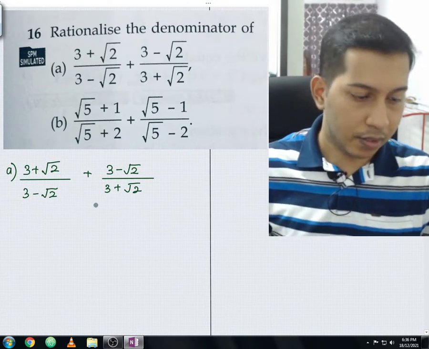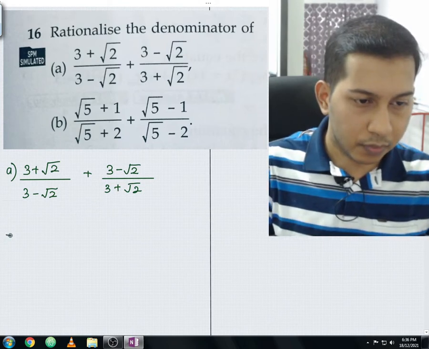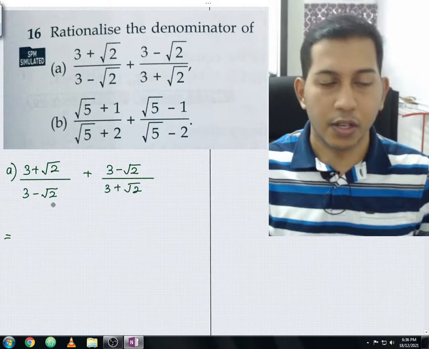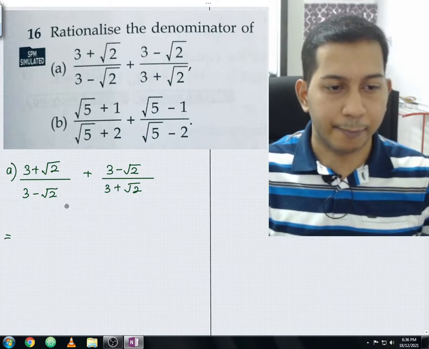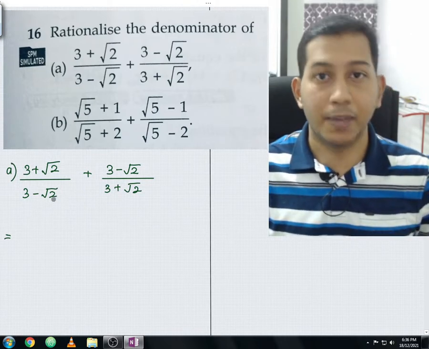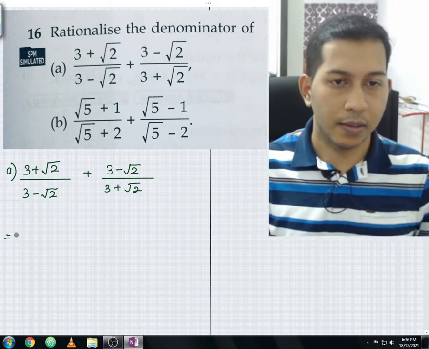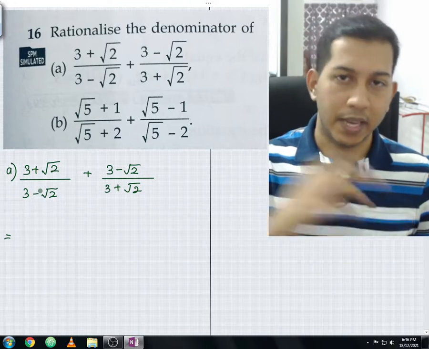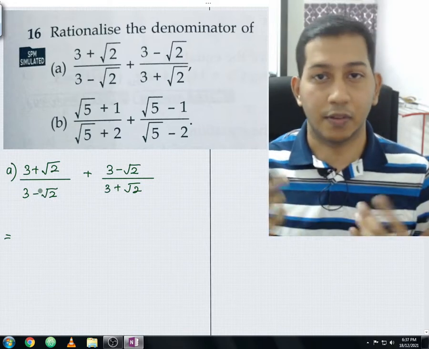For the next step, since in this denominator you have 3 − √2, the conjugate of 3 − √2 will be 3 + √2. You just have to make the minus into plus. If it is plus, you make it into minus. That is the concept of conjugate.